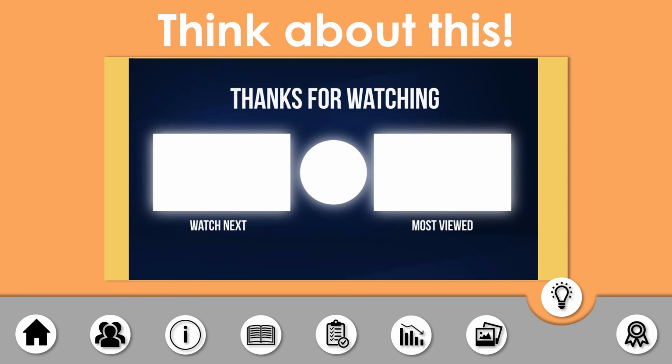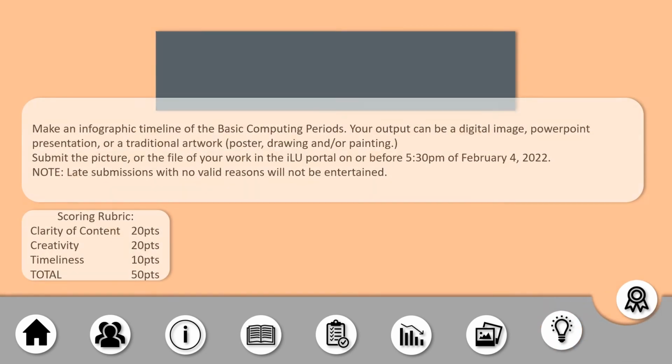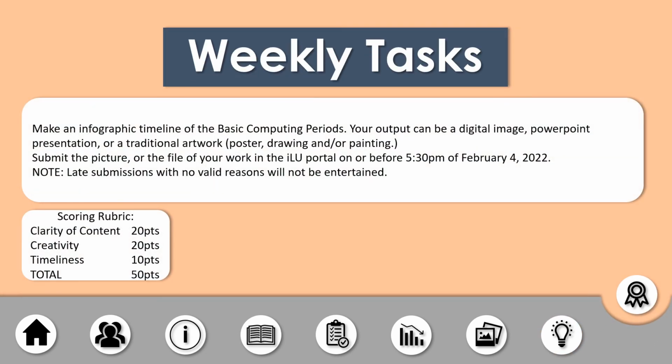And for your activity, for your task this week, you should make an infographic timeline of the basic computing periods. So you should make a timeline, okay? An infographic timeline, meaning you should make an image of that timeline. Your output can be a digital image, okay? So pwedeng digital editing, okay?